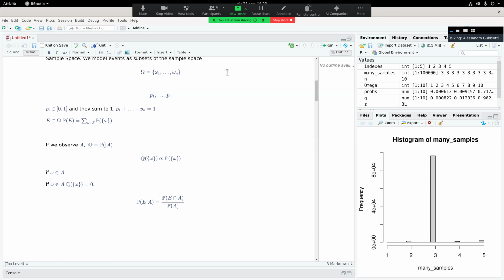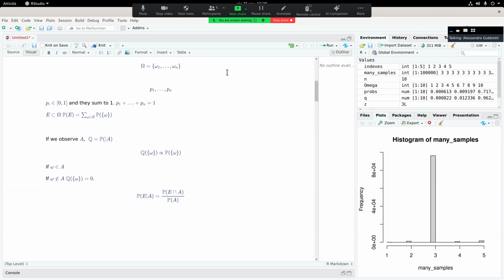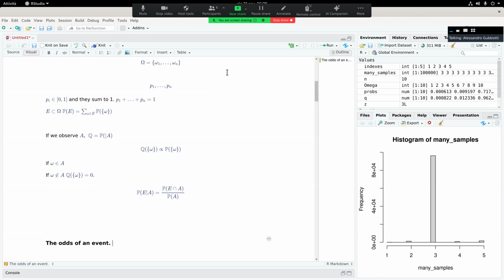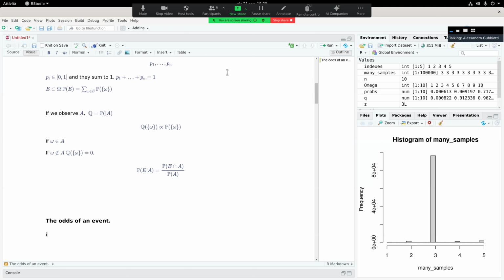The conditional probability can be also... there are two ways of assigning a probability. One is giving the probability of the events, and the other one is giving the odds. So I wanted to define what are the odds of an event, because they enter in many exercises, even if the computations in many cases involve the odds even if one doesn't define them.